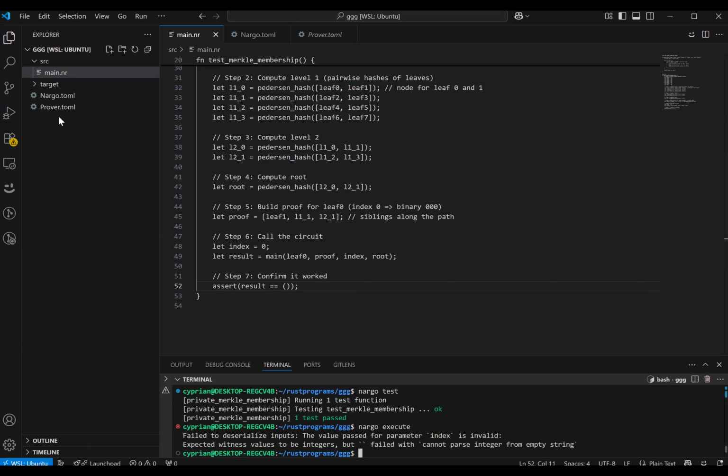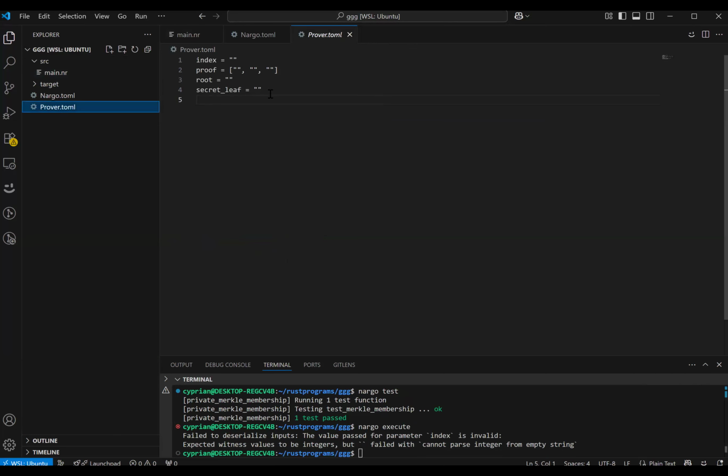So that means we need to put values inside here. It has just given us where to input values. So that's what we will do. Once you do that, it will then work.